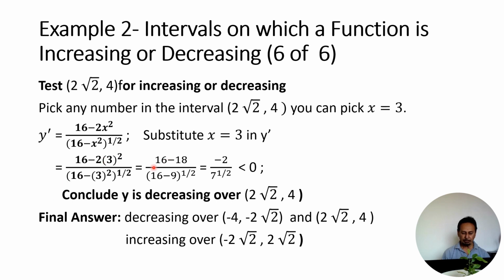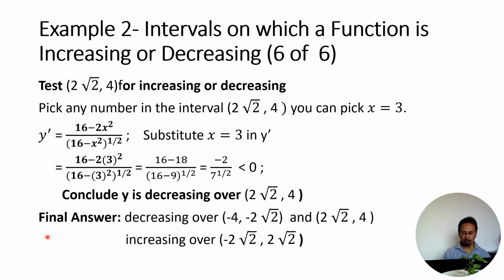So now we substitute and it becomes 60 minus 2 times 3 squared over 60 minus 3 squared to the 1/2. So 3 squared is 9 times 2 is 18, so it's 60 minus 18, and you have 60 minus 9, which is 51 to the 1/2. So we have a negative number over 51 to the 1/2, which is again less than 0. So we can conclude y is decreasing over the interval 2 square root of 2 comma 4.